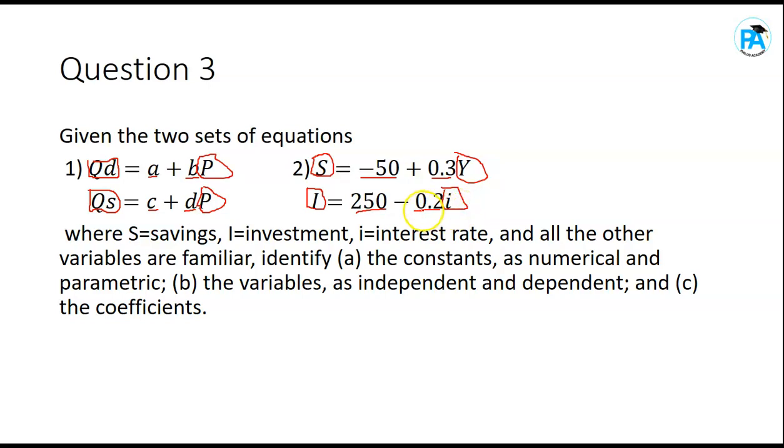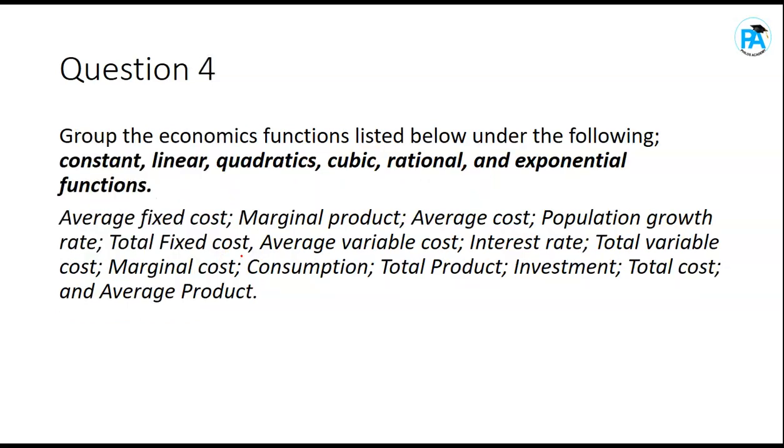If another question had asked you to determine the autonomous constants, the autonomous constants are a, c, negative 50 and 250. They are just constants, not determined by anything, not affected by any variable. So let's proceed to question 4.